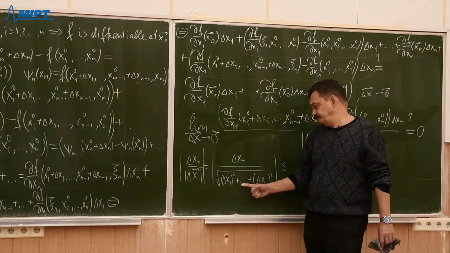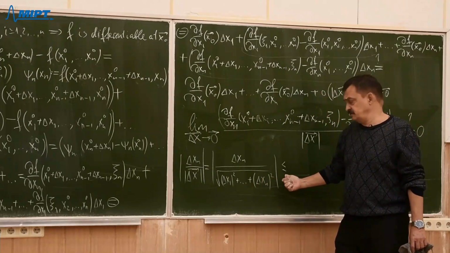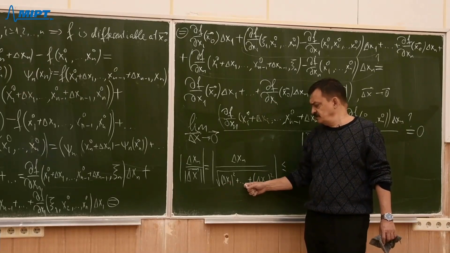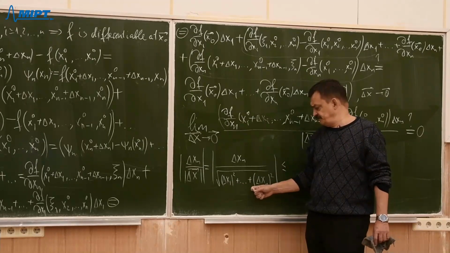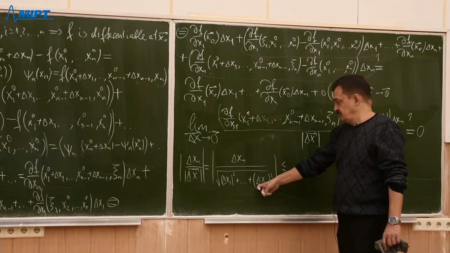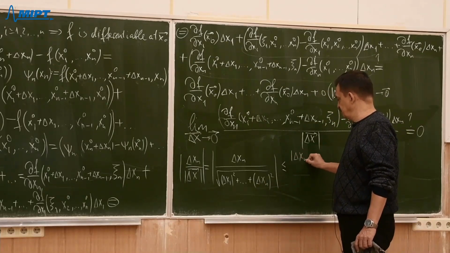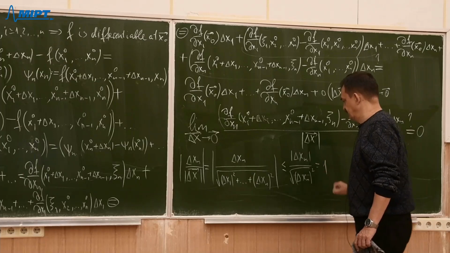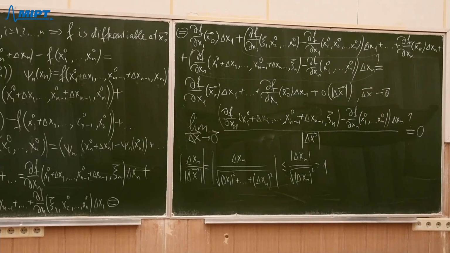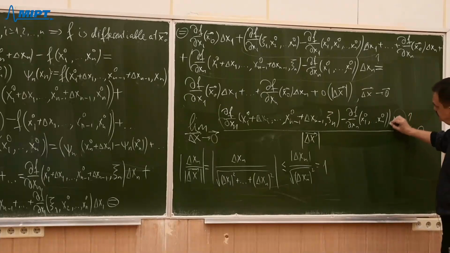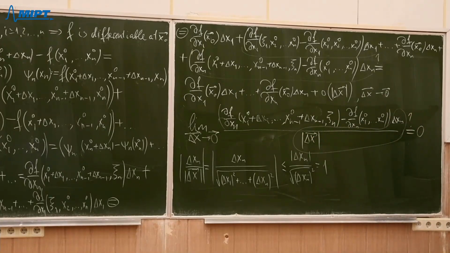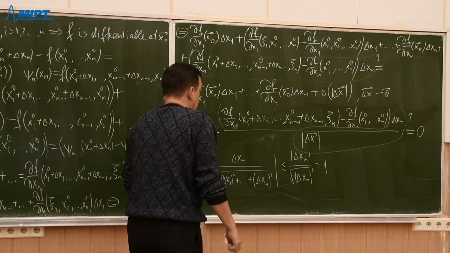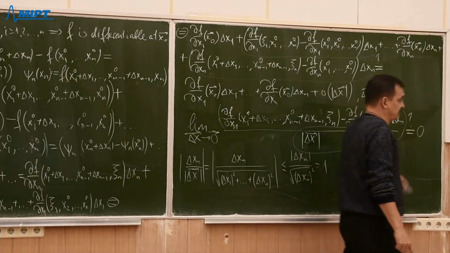I can obtain an estimate above if I replace every term in the denominator by 0 except for the very last. Then we have delta xn divided by the square root of delta xn squared, and that is 1. So you see, this term is bounded, less or equal to 1. And what about the difference in brackets?